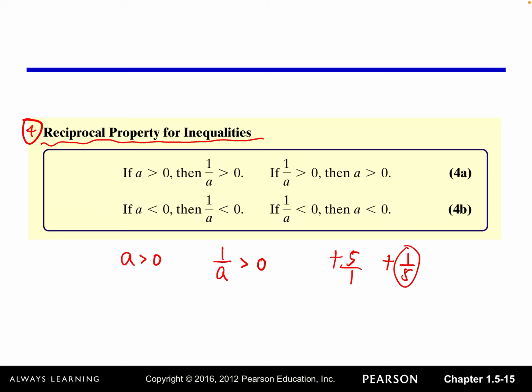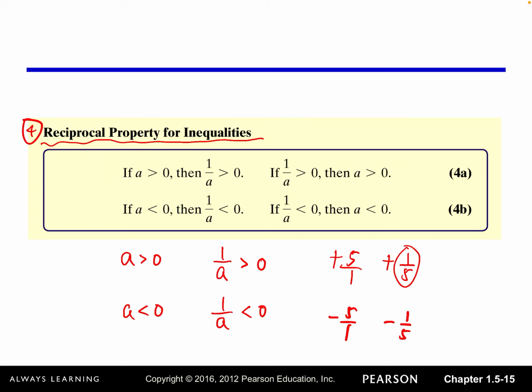Same for the less than case. If A is originally a negative number, and the numerator and denominator are switched, we call it the reciprocal, and 1 over A is still a negative number. Like negative 5 over 1: after you flip the numerator and denominator, that will be negative 1/5.